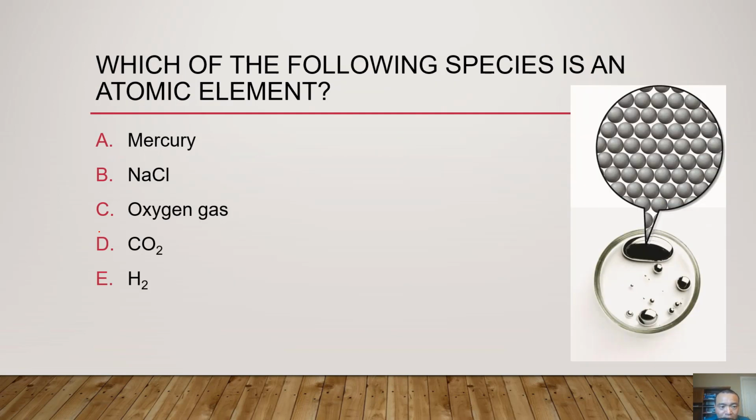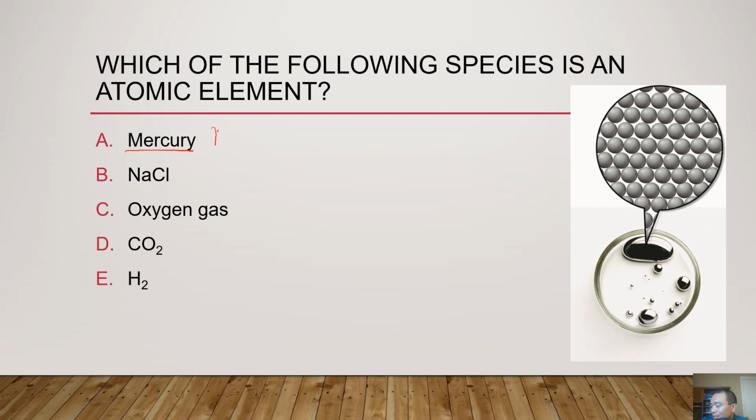Which of the following species is an atomic element? Remember, if it's not diatomic or polyatomic, then it must be simply atomic. So mercury is not diatomic, it's not polyatomic either, and this is an element.